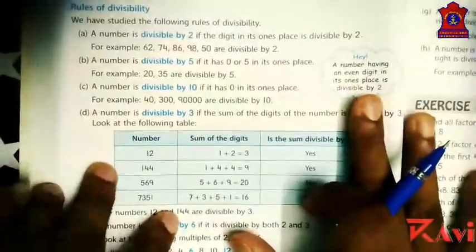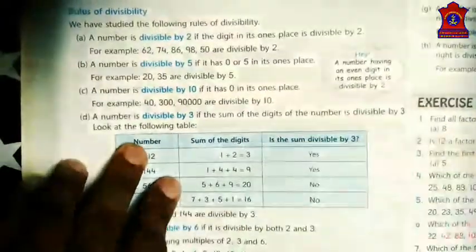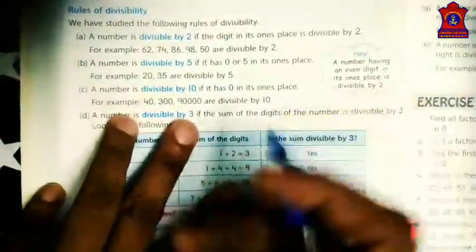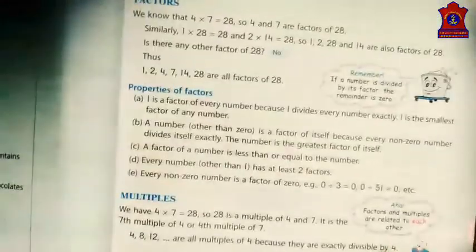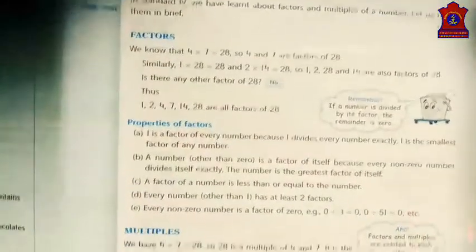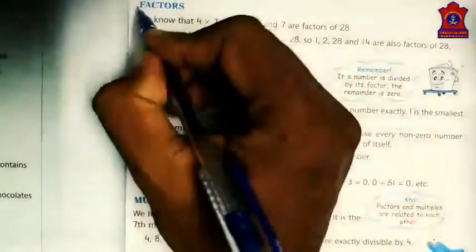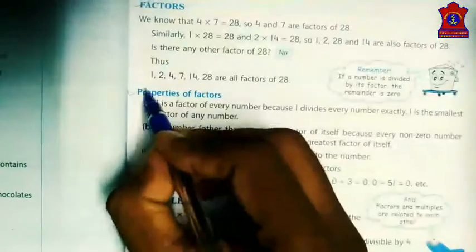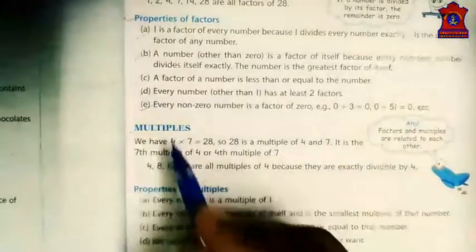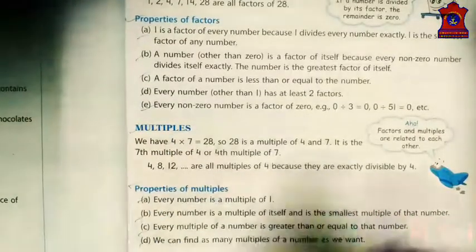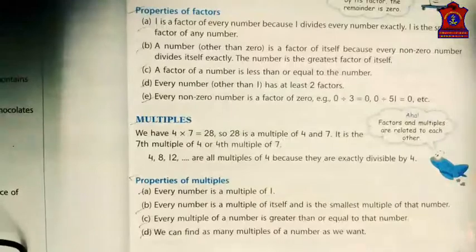Now, next, we're going to move to a very important part of this chapter, which is rules of divisibility. Here, one thing you must understand: today you have to write about factors and properties of factors in a copy. All the 5 properties of factors, then multiples, all the 4 properties of multiples in a copy. Clear? Okay.